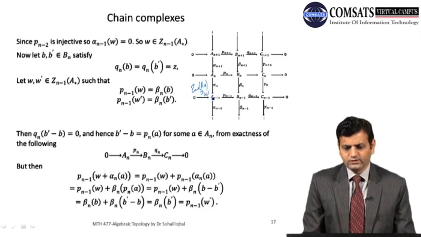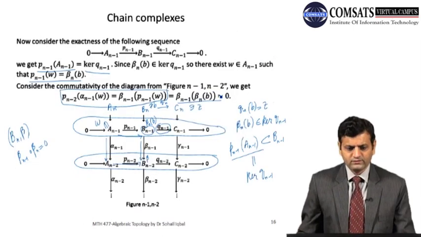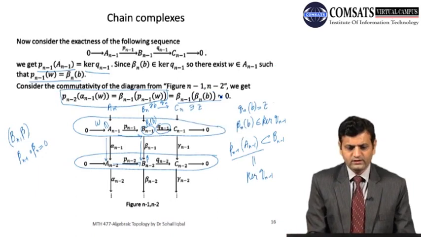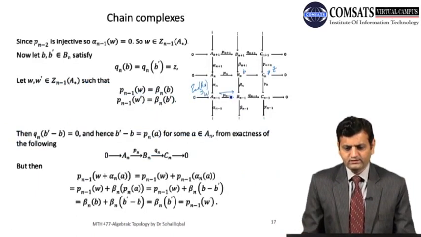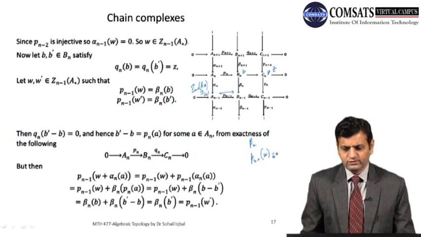Okay, so given any z in C_n, we define b, and we also showed that p_{n-1}(w) is equal to β_n(b), so it's over here. So p_{n-1}(w) is equal to β_n(b).